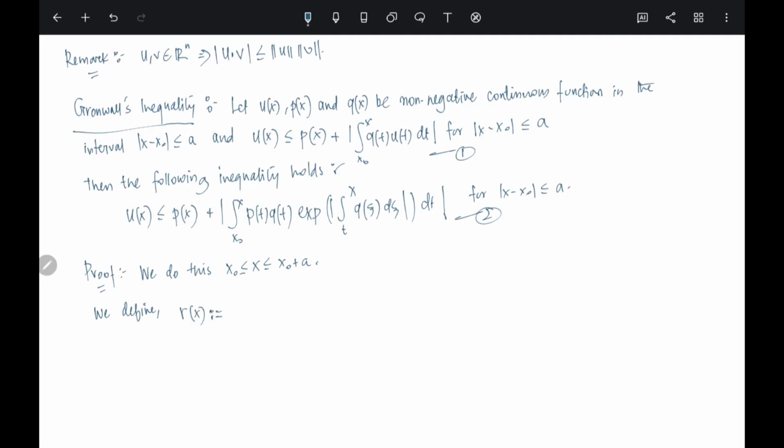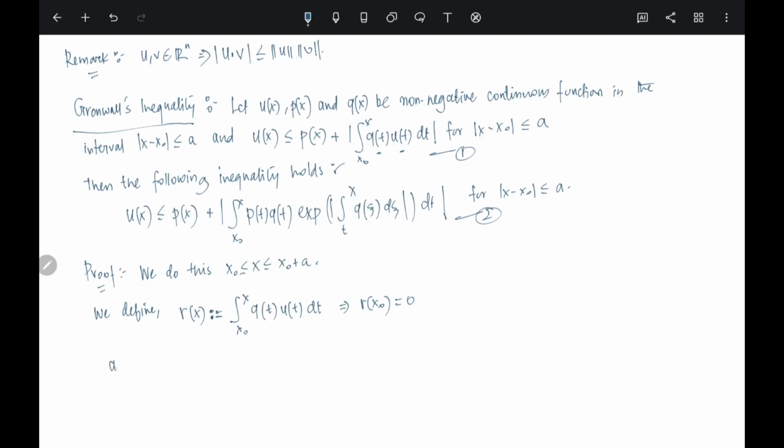How are we defining it? We define r(x) to be the integral from x₀ to x of q(t)u(t) dt. This particular quantity, q(t)u(t) dt from x₀ to x, we are calling r(x). If we do that, that implies r(x₀) is of course 0, because the integral from x₀ to x₀, whatever the quantity, is going to be 0.